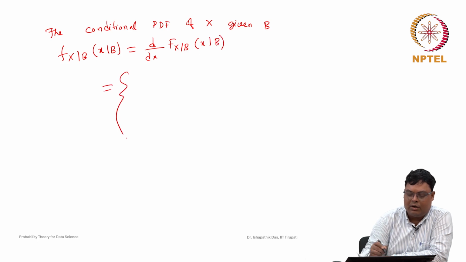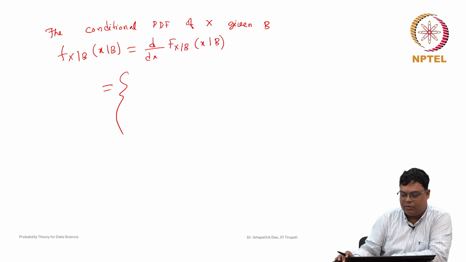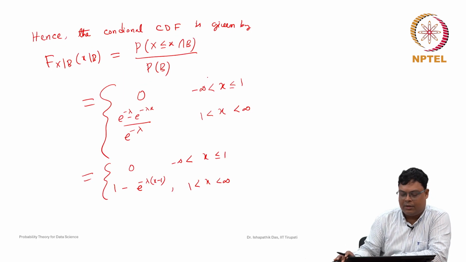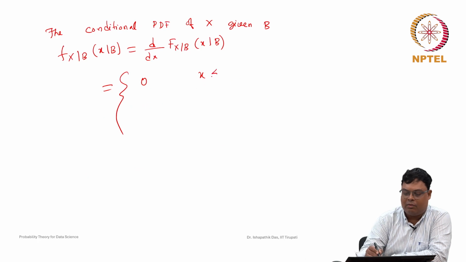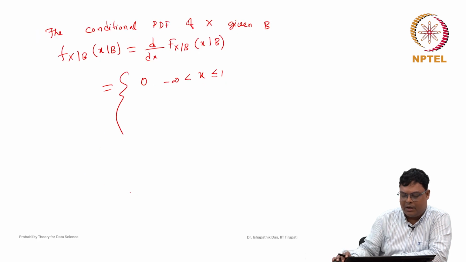We can see that this distribution function is 0 for x less than or equal to 1, greater than minus infinity. Now, if you take the derivative with respect to x, it will be positive lambda e to the power of minus lambda x minus 1.